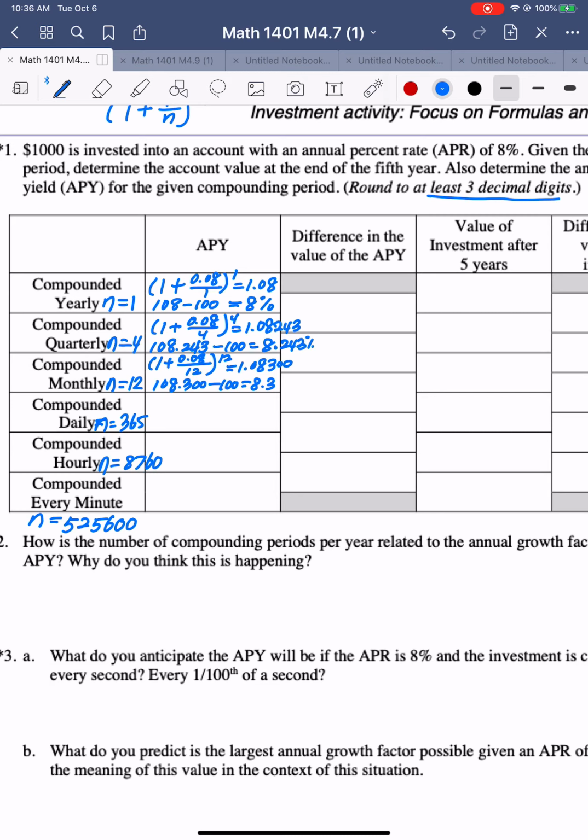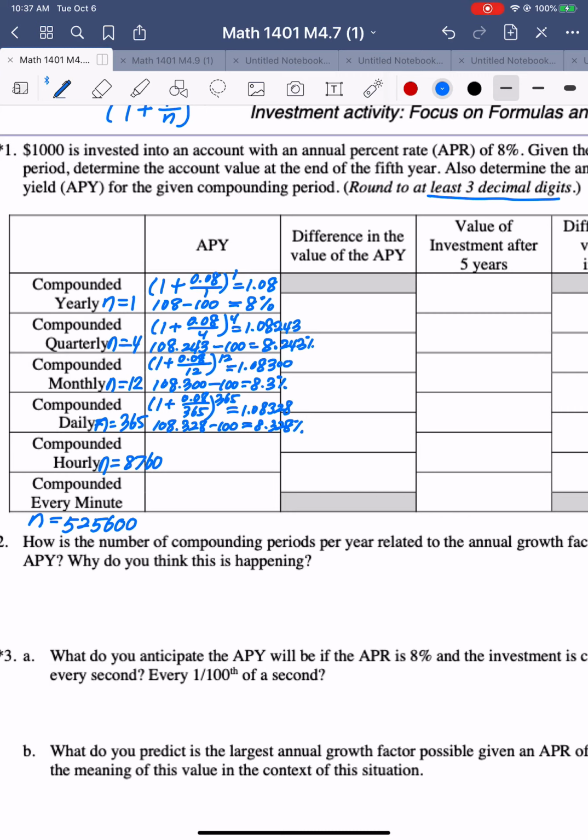For compounding daily, it becomes 1 plus 0.08 over 365, to the power 365, and that means 1.08328. Change to percent, 108.328, subtract 100, and we get 8.328%.